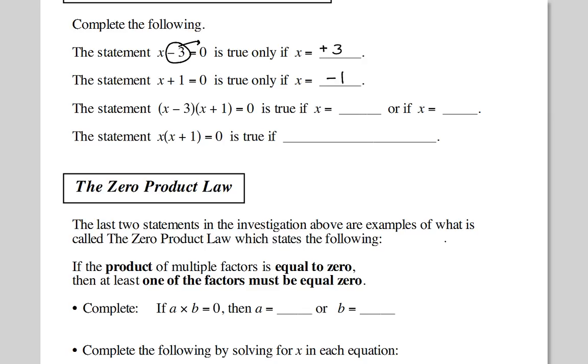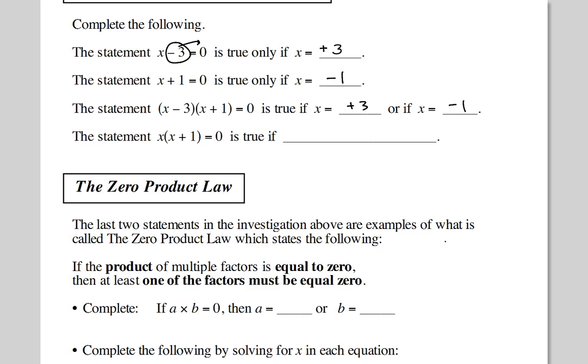And now we have this next statement, which is a product. It says the statement x minus 3 multiplied by x plus 1 is 0. This is true if x equals, well, you just copy it down. It's the same. So for example, if x was positive 3, what would happen?